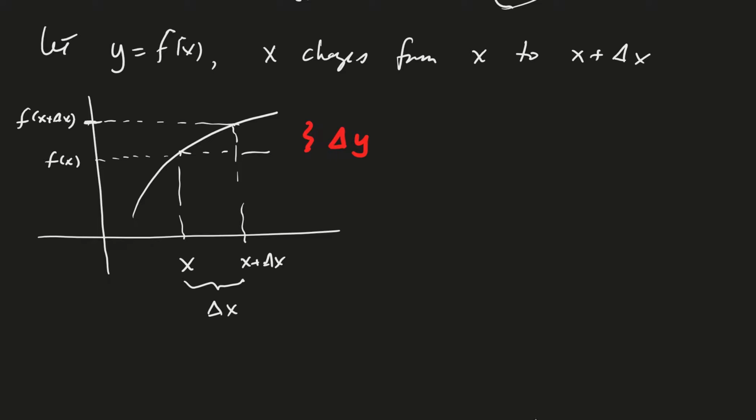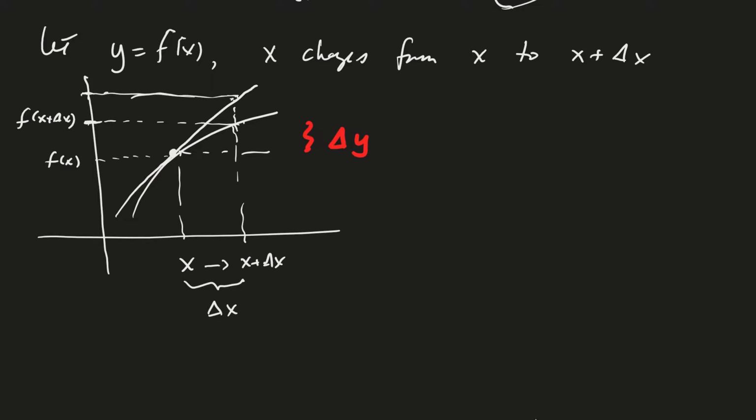Okay. Now suppose I draw my tangent line to the function, and I have the same change in x. X goes from x to x plus delta x. Then if I use the line as an approximation to my function, the line has a change as well, right?